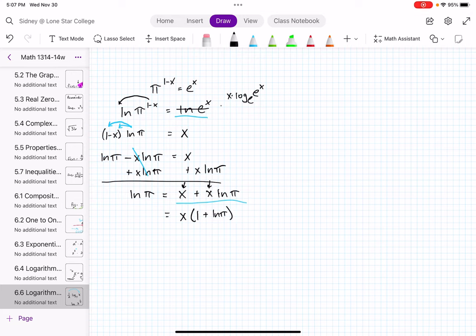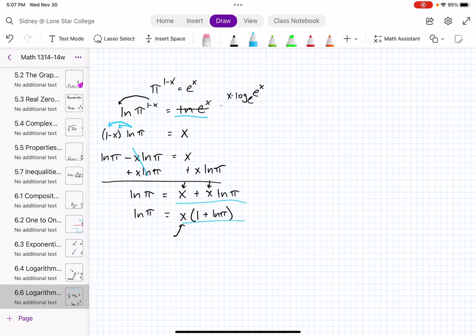And what I have now is my x combined into a single iteration of x. So I have on the left-hand side, the natural log of pi is equal to x times 1 plus the natural log of pi. Well, the cool part is x is almost by itself.